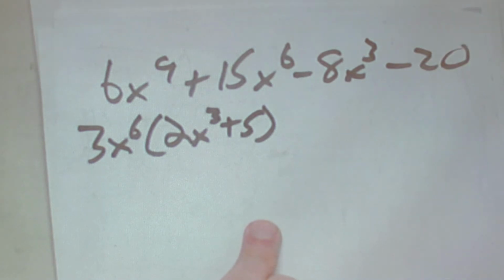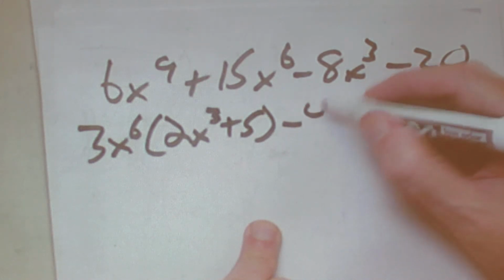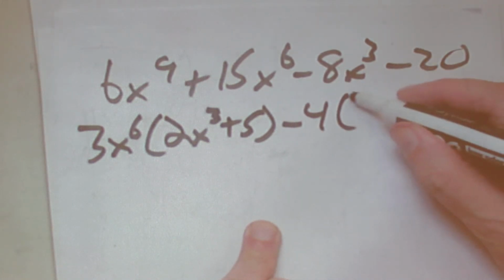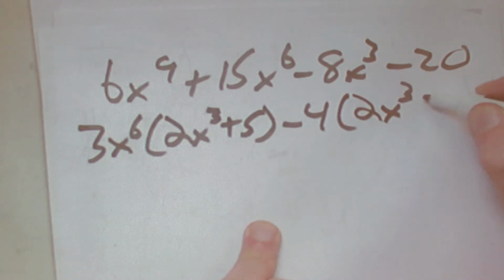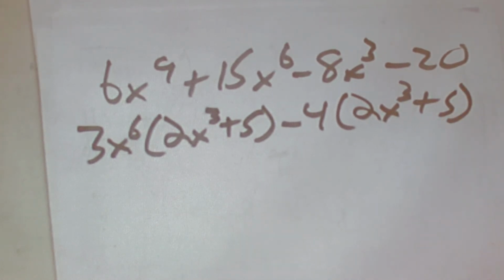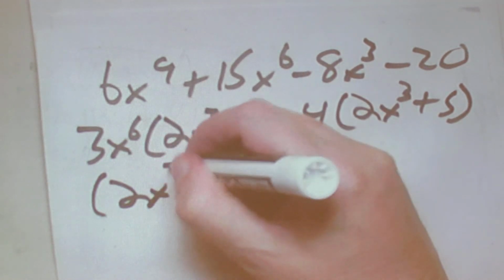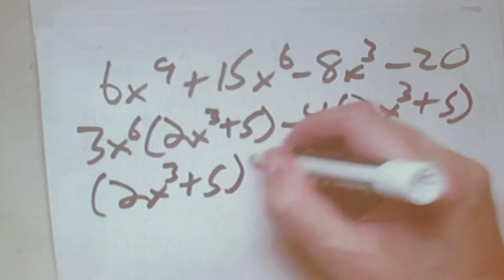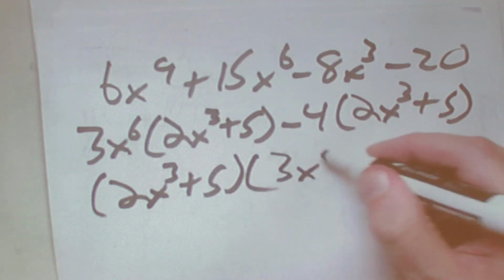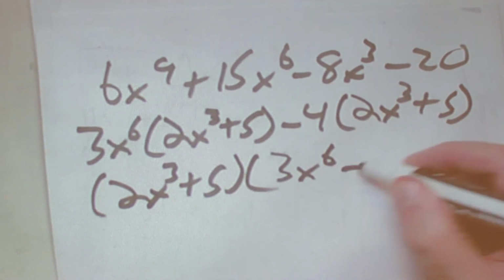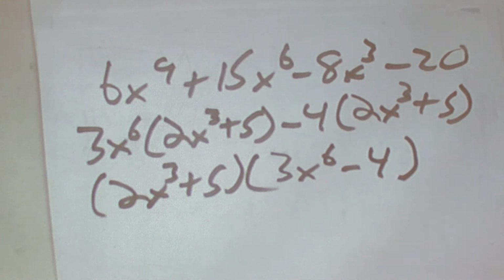Then we can factor out a negative 4 here. So minus 4, and we're left with 2x to the 3 plus 5. We have the same thing in the parentheses, so we can factor that out. 2x to the 3 plus 5, and we're left with 3x to the 6 minus 4.